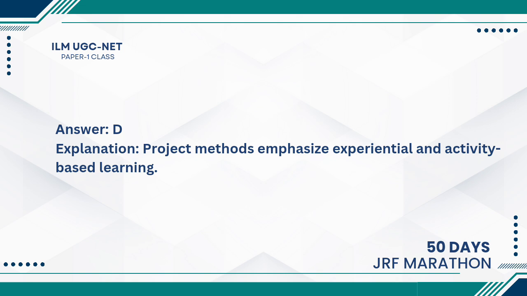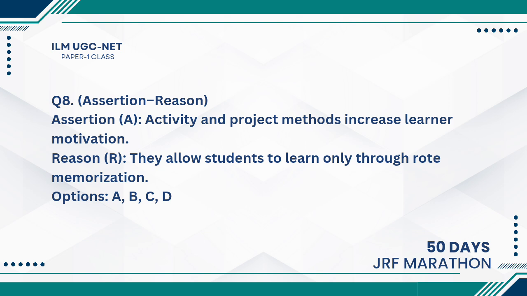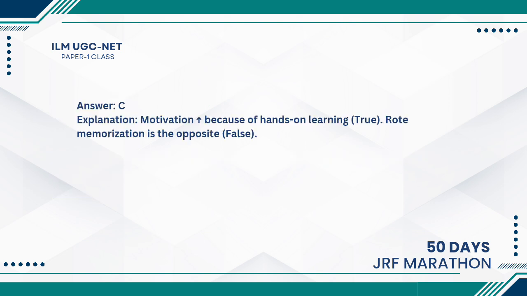Now question number 8 is a reason assertion type of question. Assertion: activity and project methods increase learner motivation. Reason: they allow students to learn only through rote memorization. So the first statement says that activity and project method increases the motivation of the learner.